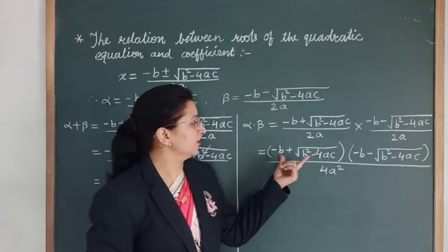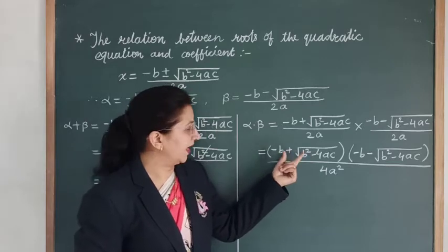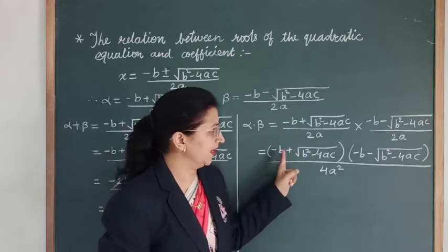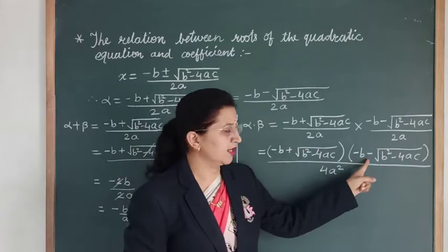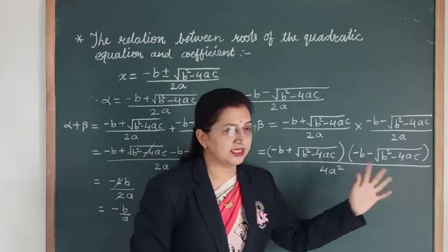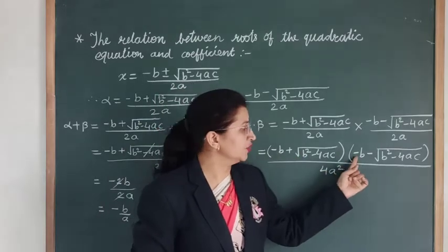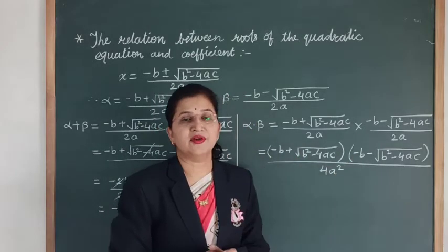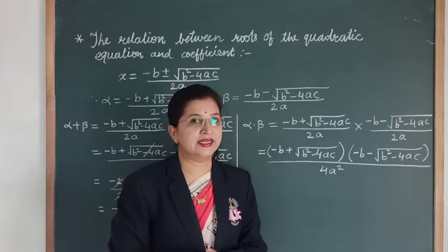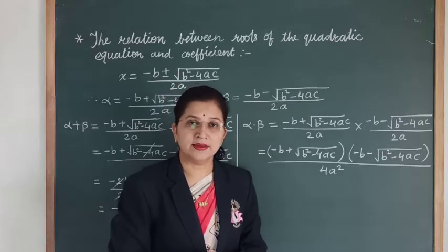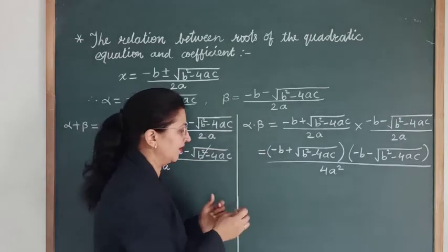Now dear students, you can see the first bracket has negative b with a plus sign, and the second has negative b with a minus sign, and the second term is the same. It is like a plus b into a minus b, and the formula is a square minus b square, so that formula will apply here.